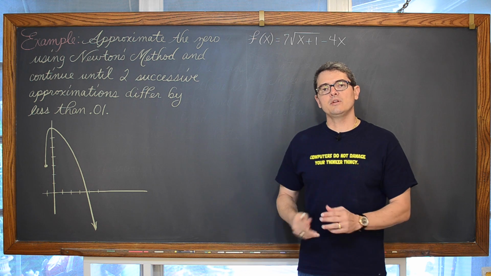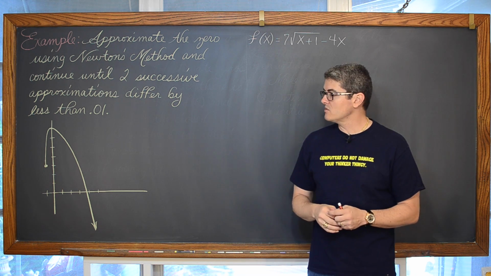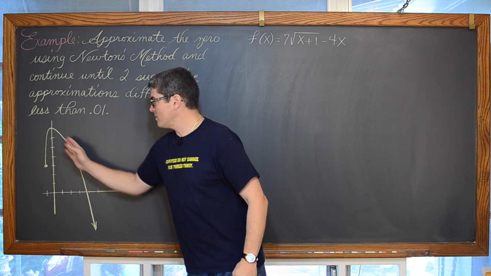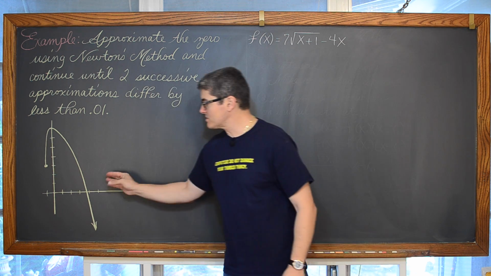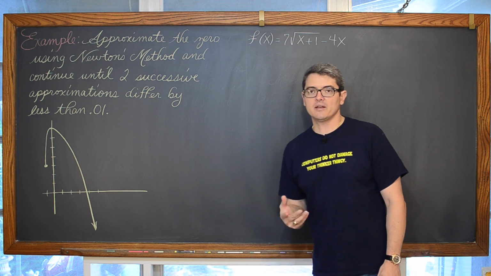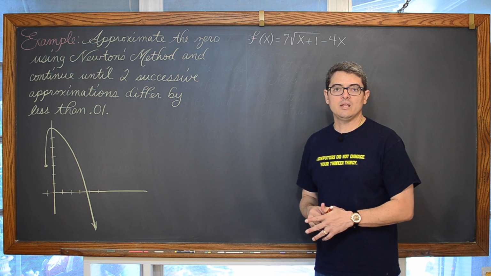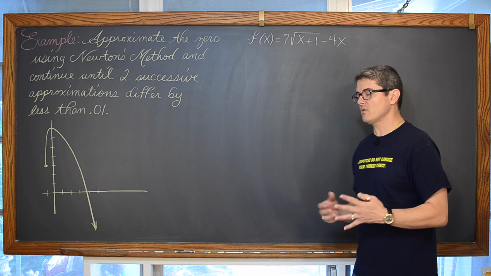Now, the book that you're learning from may say that it's okay to use a graphing calculator to get a picture of this graph and then use the graph to come up with that initial estimate for c, that initial estimate for the root or the zero or the x-intercept.